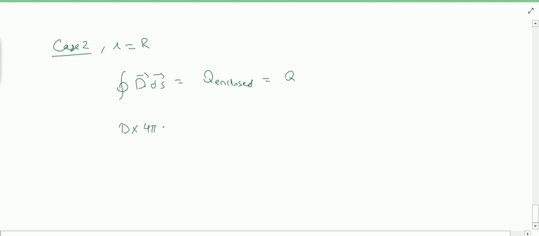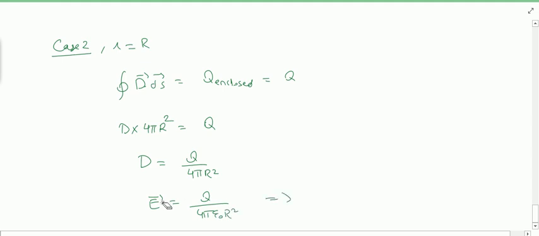Now as small r is equal to capital R, I can write 4 pi R square equals q, and D is equal to q by 4 pi R square, and E is equal to q by 4 pi epsilon naught R square.